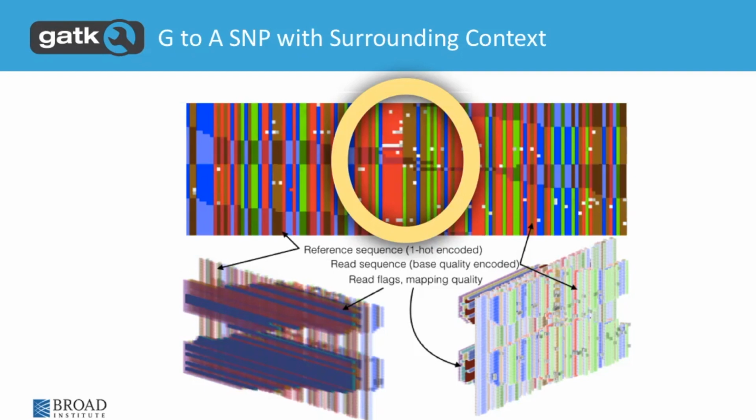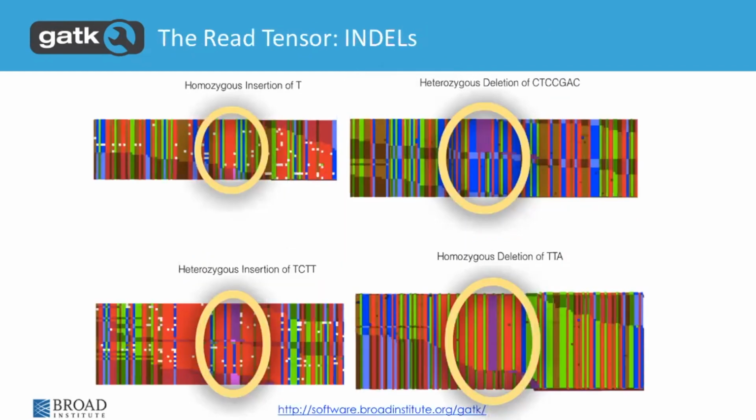So the reference is G, and we have half of the reads being A. And we can also represent indels in a similar manner. So yeah, we can represent all kinds of variants in this tensor representation.